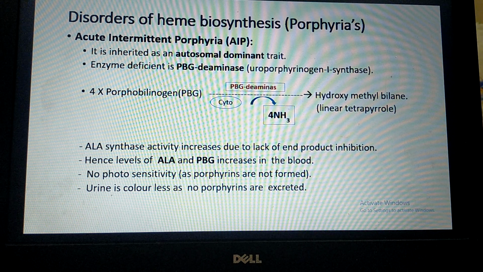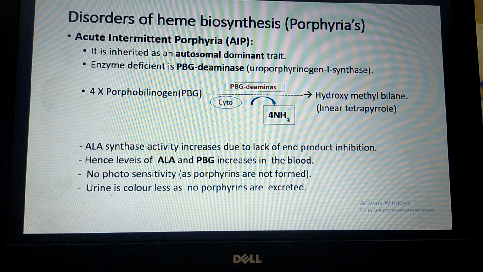When the concentration of heme decreases, the enzyme ALA synthase activity is increased, because in the regulation of heme synthesis we have studied that when the concentration of heme increases, it causes negative feedback inhibition by repression and stops its own synthesis. So due to lack of the end product, that is heme, ALA synthase activity is increased. At the same time, as I told you, levels of ALA and porphobilinogen PBG increase in the blood.